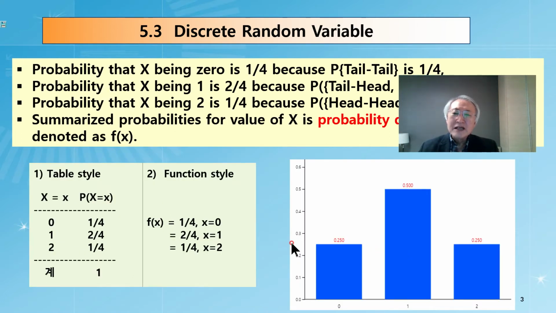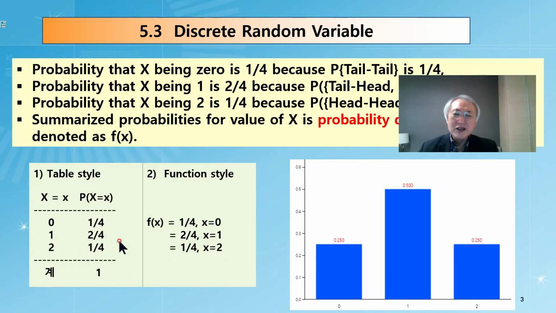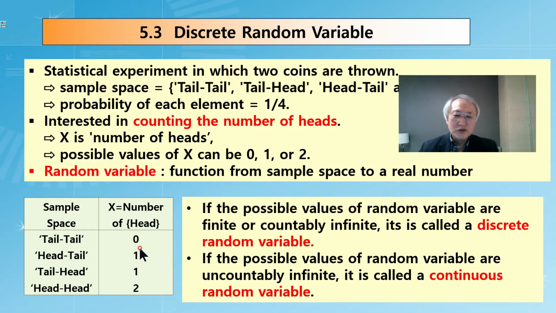We can summarize the random variable information in this manner. We just summarize them as 0, 1, 2. Well, you have possible numbers like this. We combine these two, then the probability of X equal 1 represents this kind of event.